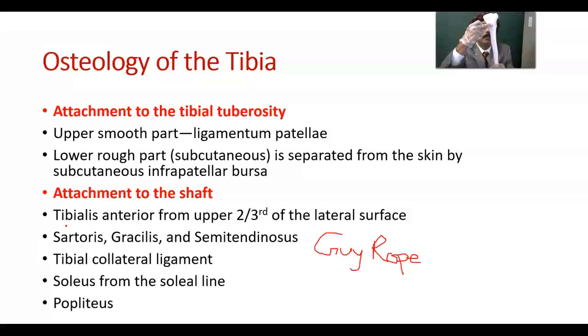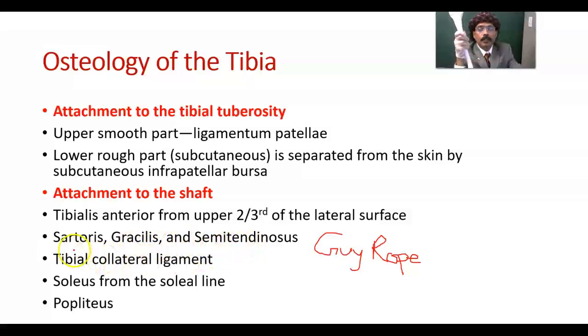Sartorius, gracilis, semitendinosus: these three muscles are from three groups. Sartorius is a muscle of the anterior group, gracilis is a muscle of the medial adductor group, and semitendinosus is a hamstring muscle. Nerve supply: sartorius, femoral nerve; gracilis, obturator nerve; semitendinosus, tibial part of the sciatic nerve.